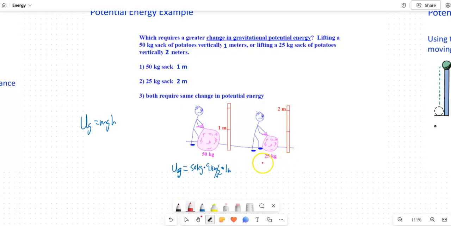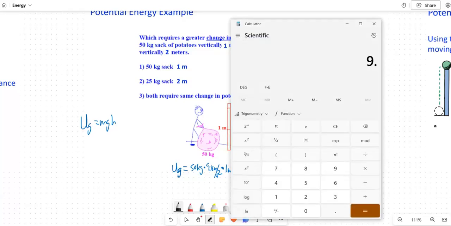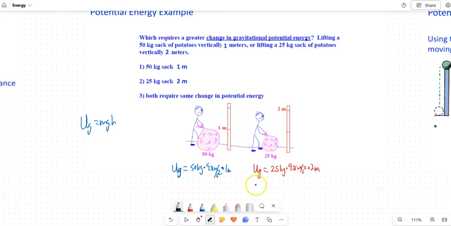This other potential energy is going to be 25 kilograms times 9.8 meters per second squared times 2 meters. When you multiply this all out, 9.8 times 50 times 1 is 490 joules, right? This is a Newton times a meter, and a Newton meter is a joule. So this is 490 joules.